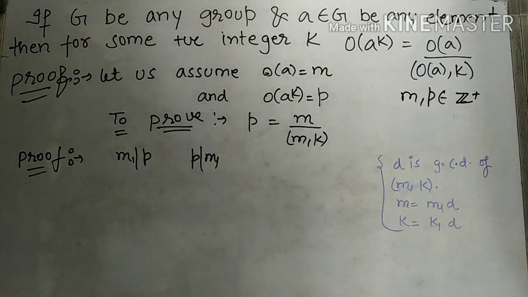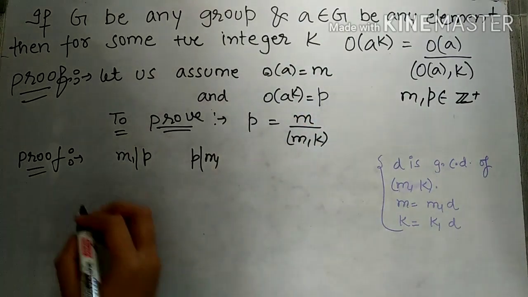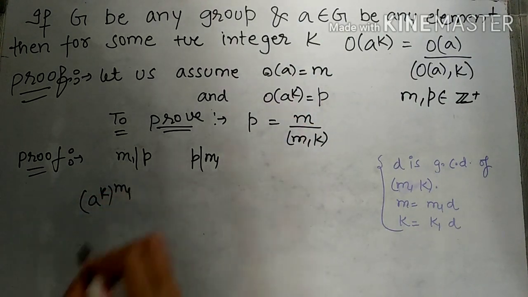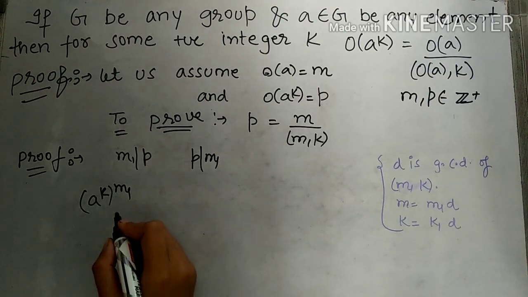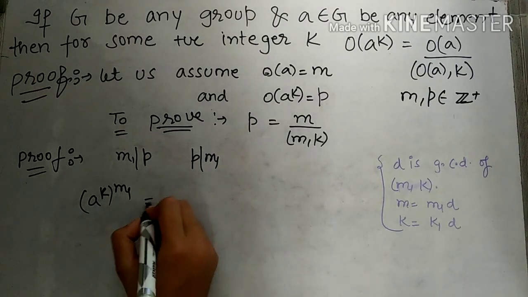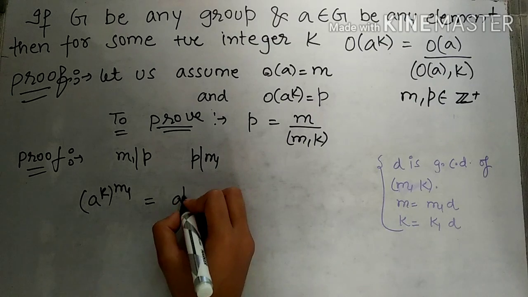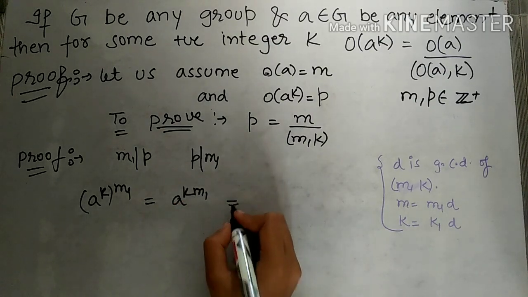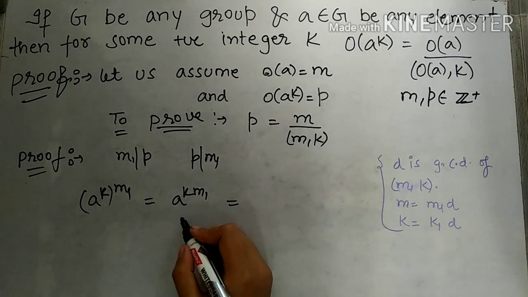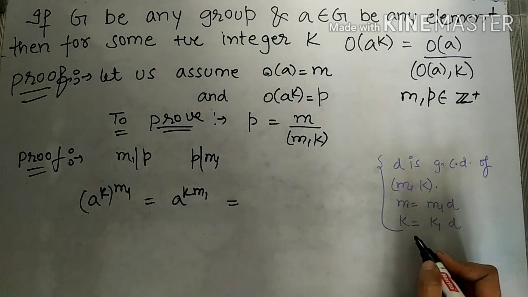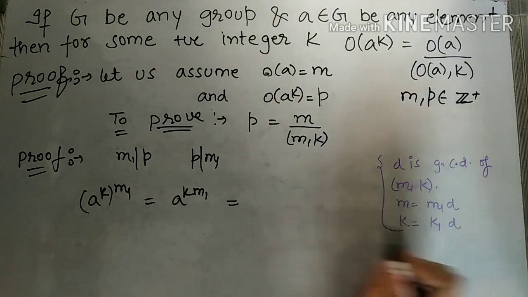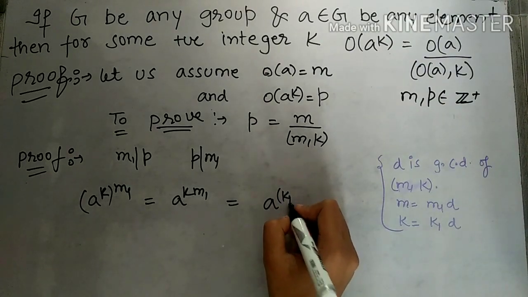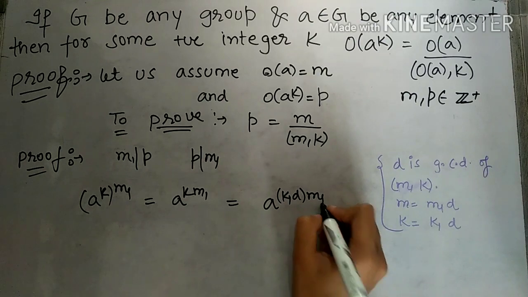Let's see. If we take a raised to power k raised to power m1, let's check what it will become. It will be equal to a raised to power k into m1. The powers can be written like this. And if we put the value of k, which we assumed is k1 into d, we get a raised to power k1d into m1.